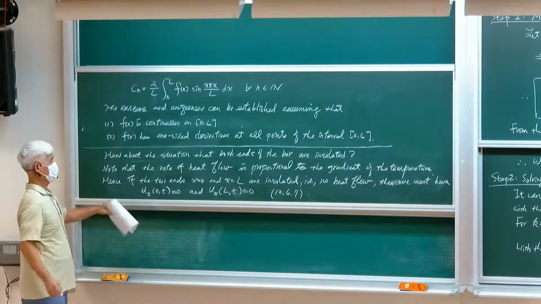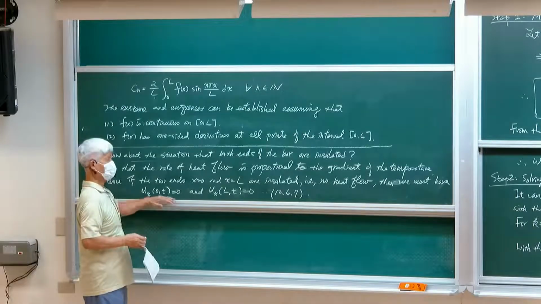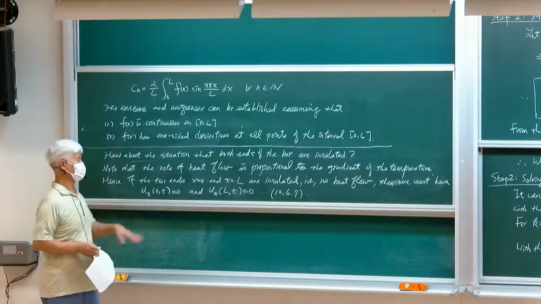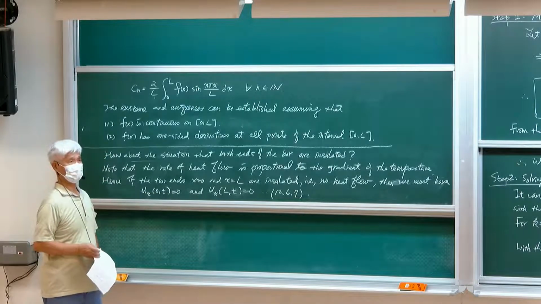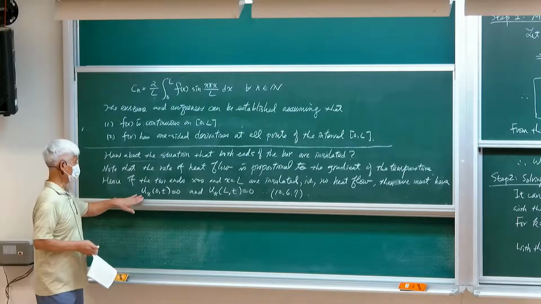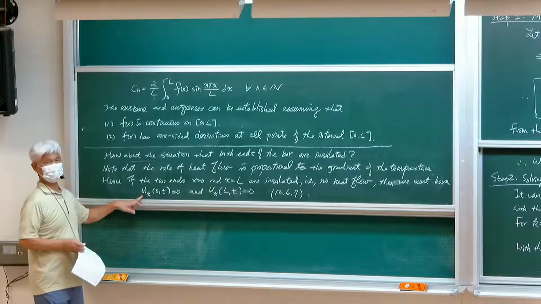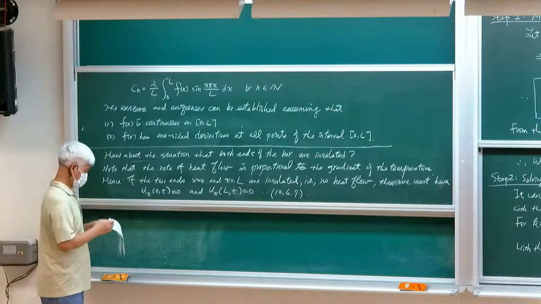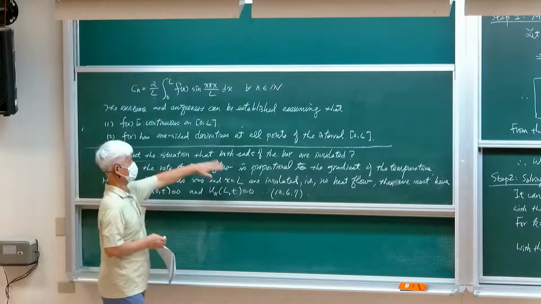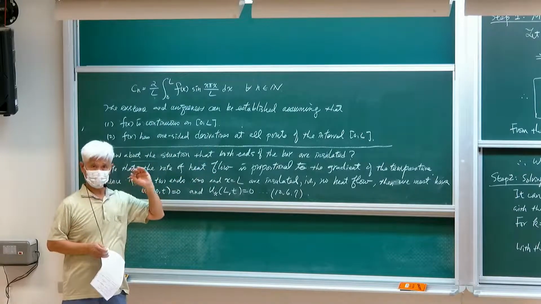So now the two boundary conditions are described in terms of the first order partial derivative of u with respect to x. Okay. So they are different from our previous problem.